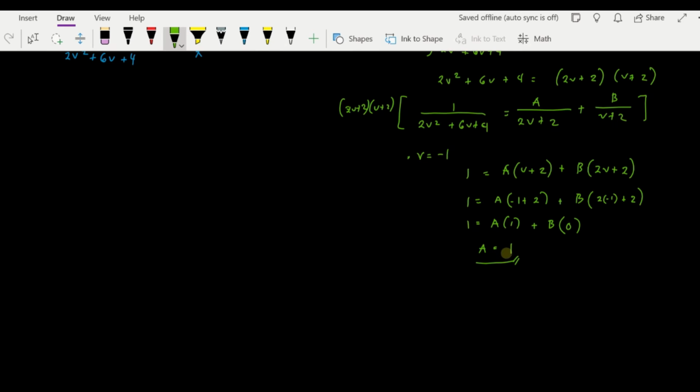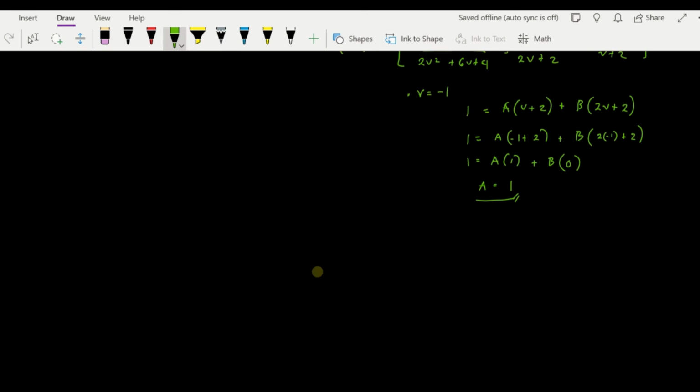Paano naman makukuha yung b? So, ang gagamitin natin, v is negative 2 galing dito. Okay, so we have v equals negative 2. Substitute lang dyan, uli, dito. So, 1 equals a times negative 2 plus 2 plus b times 2 times negative 2 plus 2.